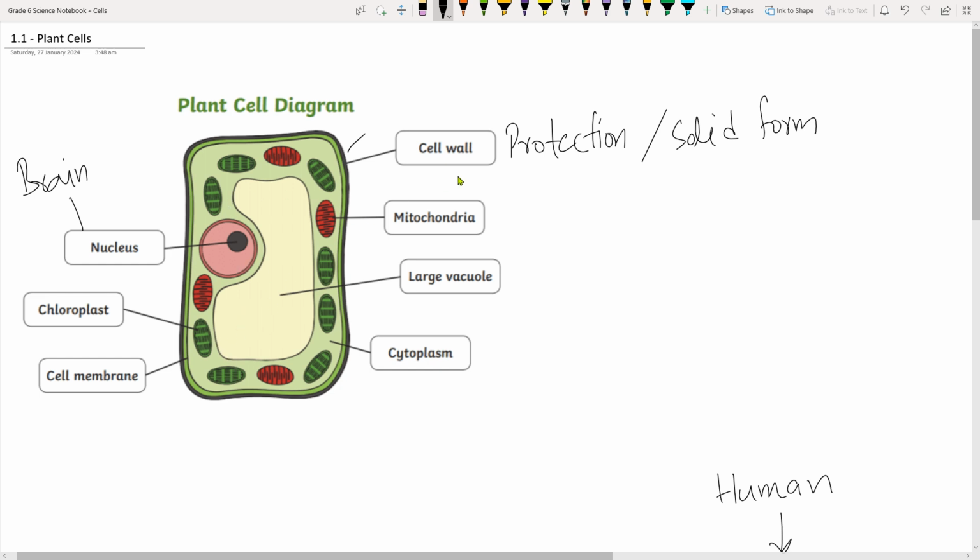Now inside this cell wall, there's a cell membrane, right, which you can say is a thin film that allows exchange of gases, if there are gases to be exchanged, like in human beings we're breathing in oxygen and exhaling carbon dioxide.